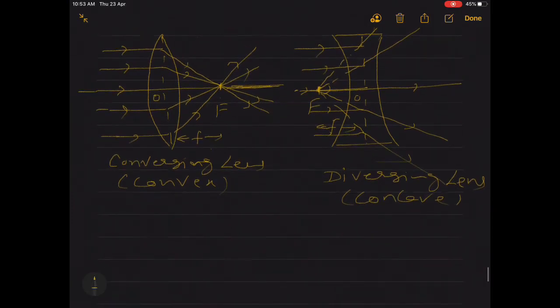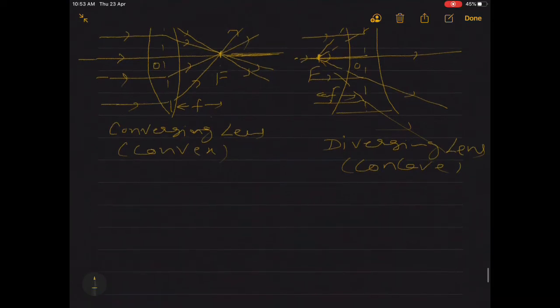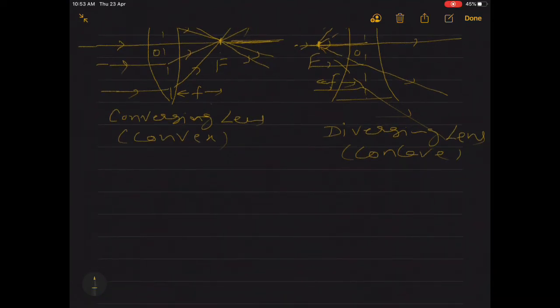Now we have to understand a few more important aspects of the refraction through the lenses, and these are very important as far as the image formation cases of the lenses are concerned.